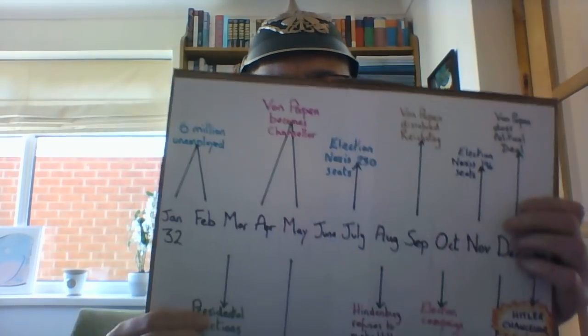But he was persuaded to stand, and he thought it was a good idea to seek re-election because of all of the instability that had gone on in the previous few years. He thought, I'm old, I'm respected, I'm well known, I will bring stability. So he stands again in March 1932 to become President of Germany again.